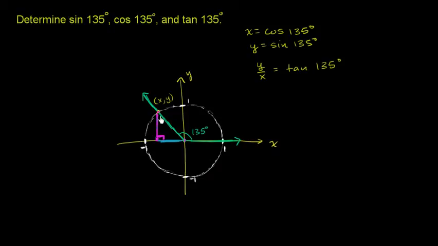Well, this hypotenuse is a radius. It is the length of the radius of the unit circle. And by definition, the unit circle has radius of length 1. So the hypotenuse here has length 1.